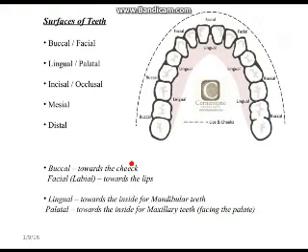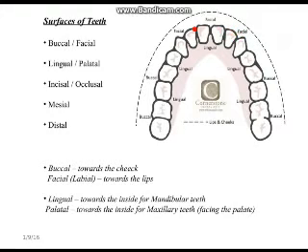Because the upper teeth are facing the palate, so hence palatal. The lower ones are facing the tongue and the floor of the mouth, so it's called lingual. But it's fine for now. You can just know lingual, and when you're familiar with lingual, you can differentiate between lingual and palatal.